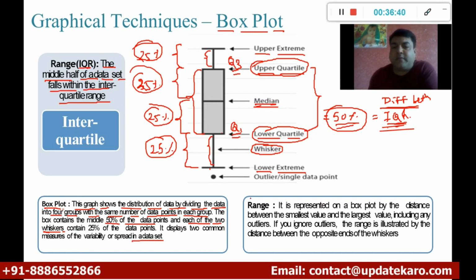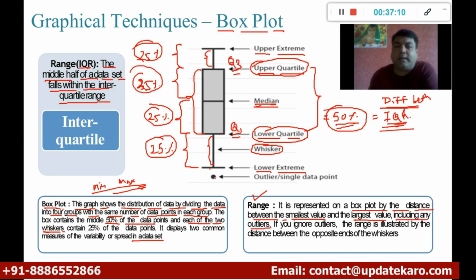There are 2 different types of ranges when it comes to the box plot. We have understood that the minimum and maximum values establish the range of the data. It is represented on the box plot by the distance between the smallest value and the largest value, including any outlier.